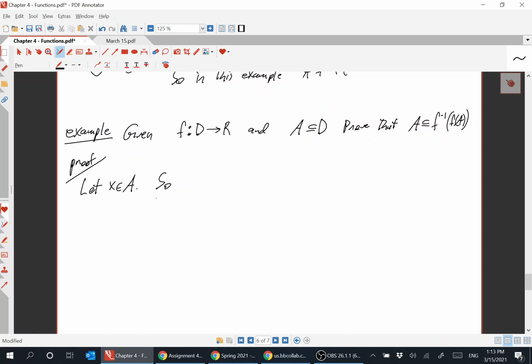Where's f of x? By the definition of image, where's f of x?